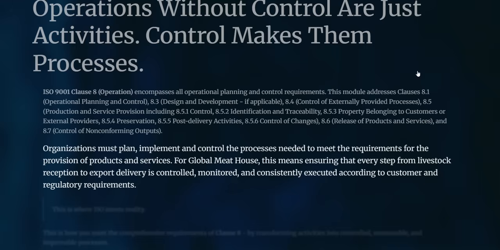According to these clauses, organizations must plan, implement, and control the processes needed to meet the requirements for the provision of products and services. For our case study, Global Meat House, this means ensuring that every step from livestock reception to export delivery is controlled, monitored, and consistently executed according to the customer and regulatory requirements.